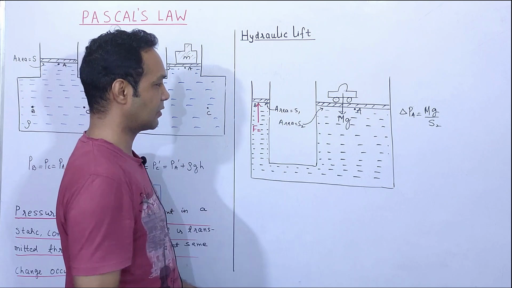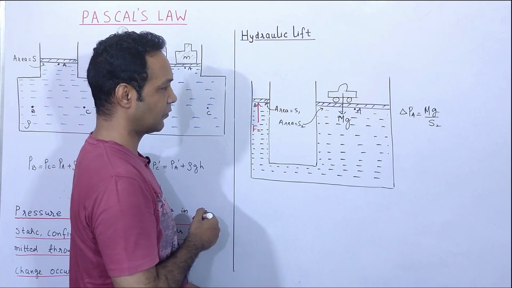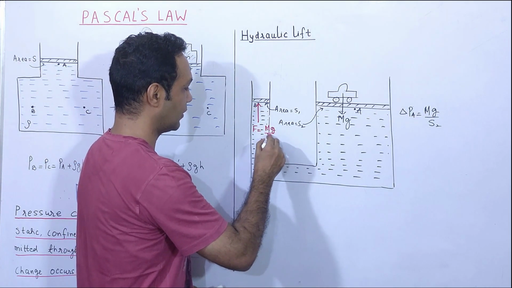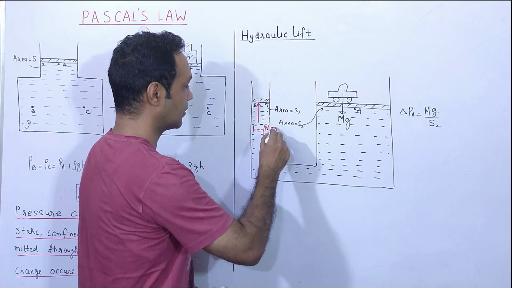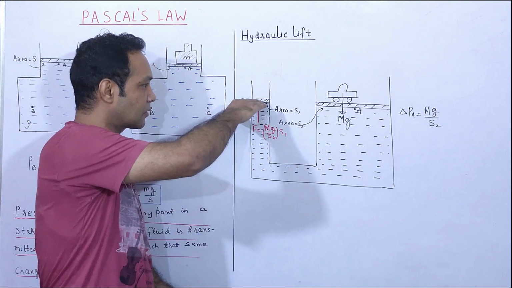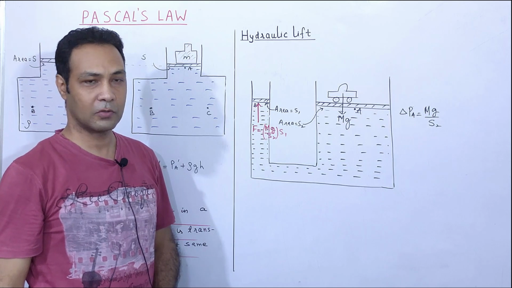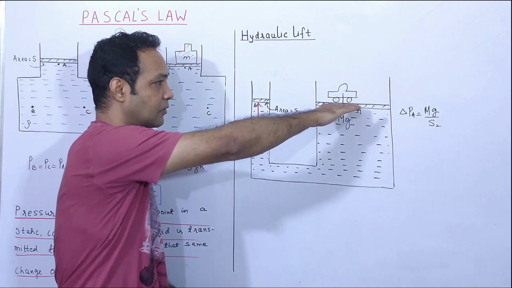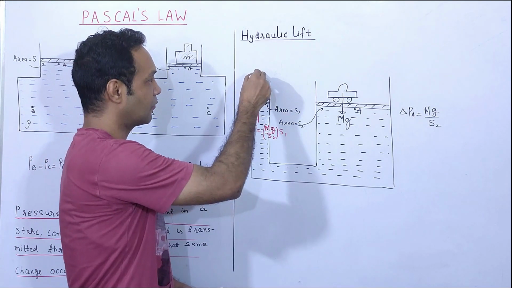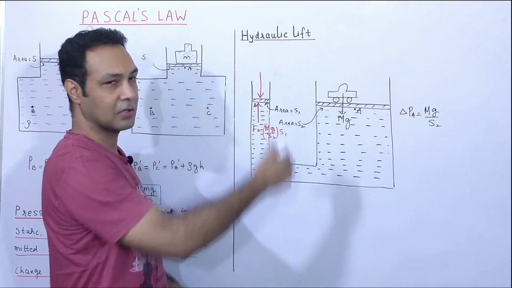The extra force that has come is the pressure difference into the area of cross section, so that will be mg upon S2 into this area S1. And so this piston will lift. If I want to keep this car at rest, I need to apply an external force that can balance this force coming from the pressure difference.